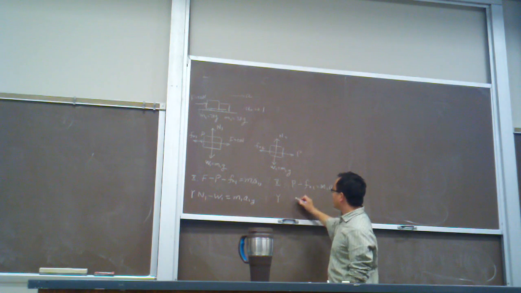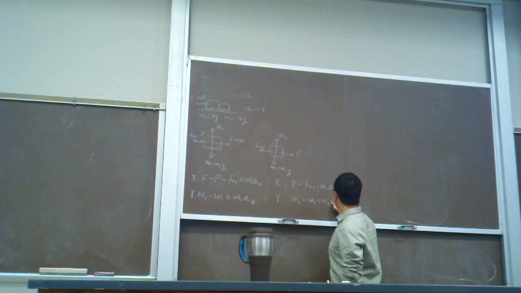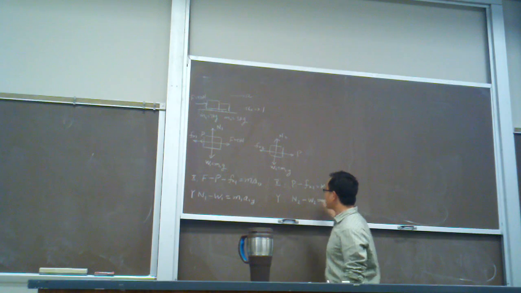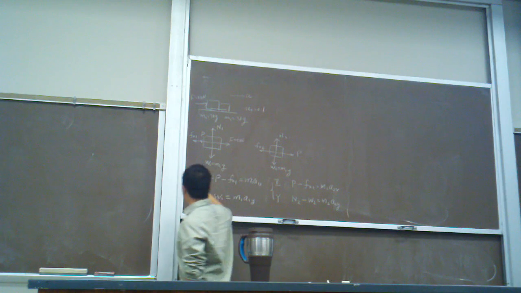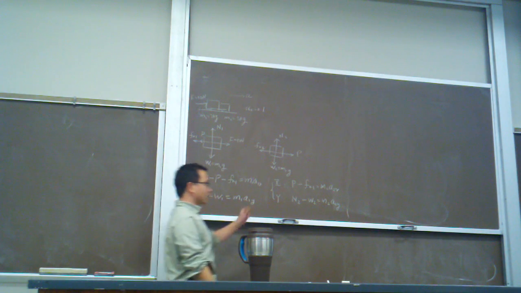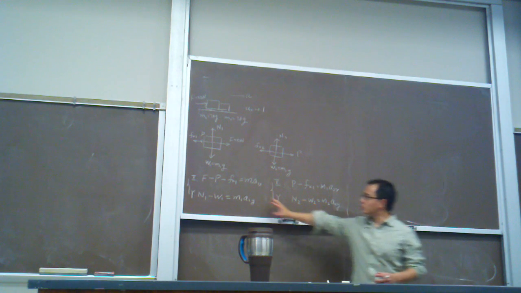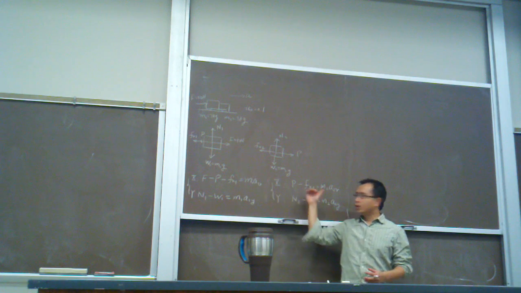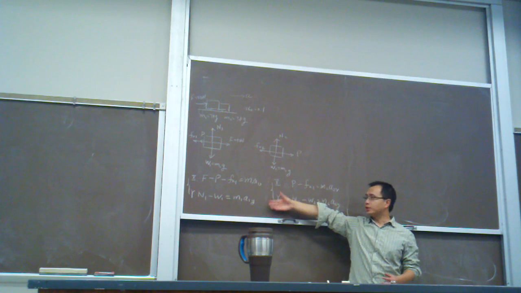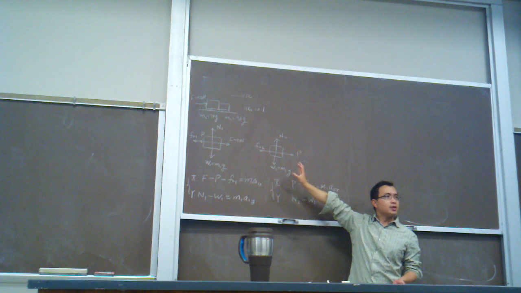And then, along the y direction, you have N2 minus W2 equals M2 A2y. Okay. Then you have two Newton's second laws for the first object and two Newton's second laws for the second object. Any questions? If you have any question about any term here or how you actually write down these equations, please ask. Okay. I skipped some steps here.